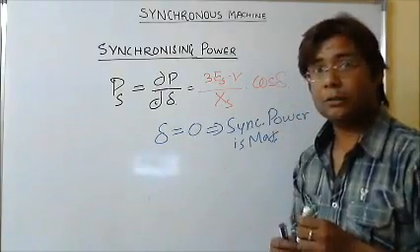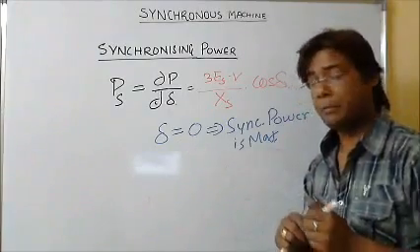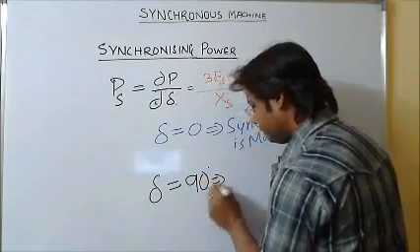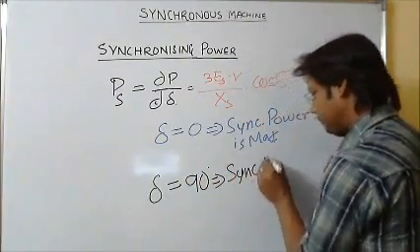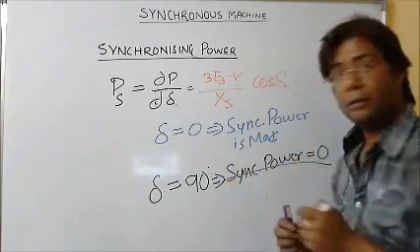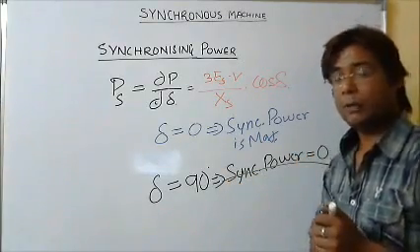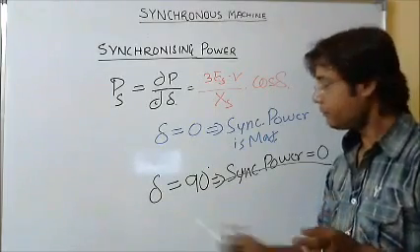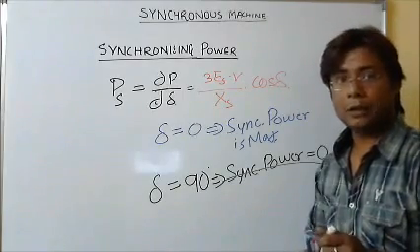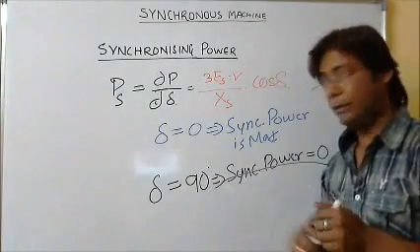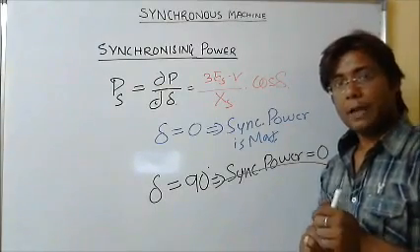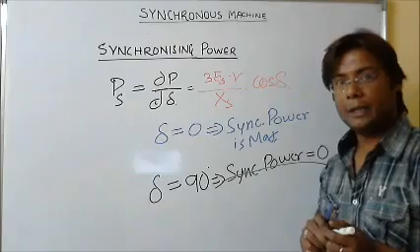For delta equal to 0, the synchronizing power will be maximum, and for delta equal to 90 degrees, the synchronizing power would be 0. That means after delta equals 90 degrees, the synchronism is lost, and at delta equal to 90 degrees, the synchronizing power is 0 and it is on the verge of instability.